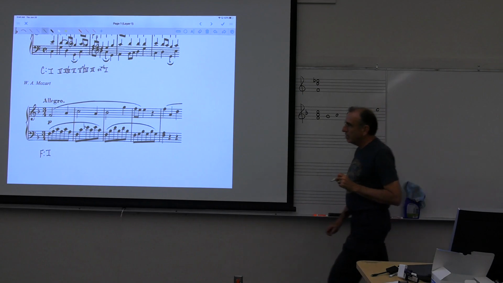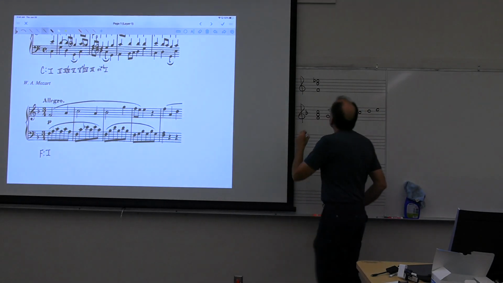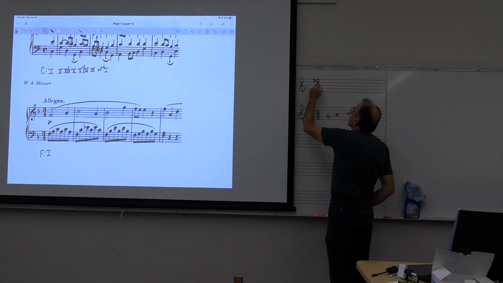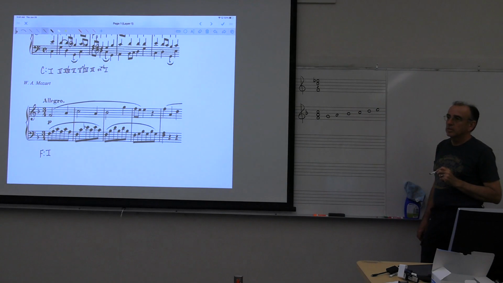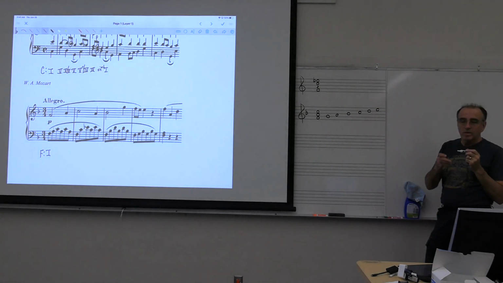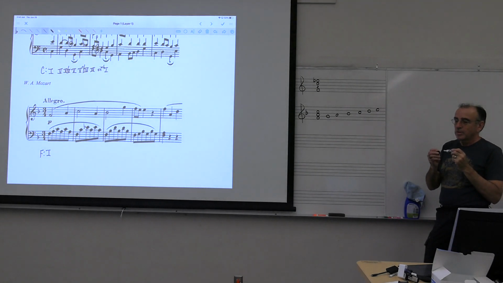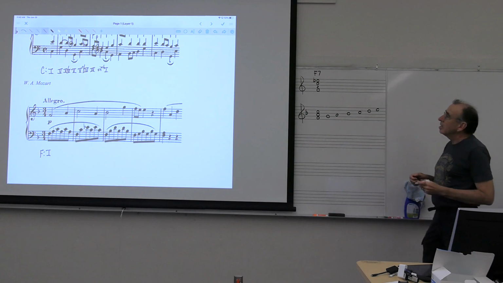And then if we think of this A as sort of sneaking in later on, what chord is that? Again, root name and quality. F dominant seven. Yeah, F7.